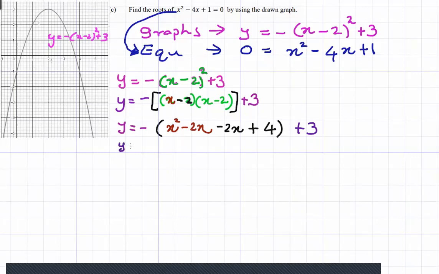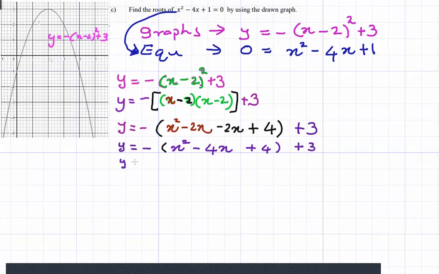So then y equals, let's simplify what's inside the brackets. Y equals x squared minus 2x minus 2x. When you put minus 2 and minus 2 together, that would give you minus 4x, plus 4 plus 3.